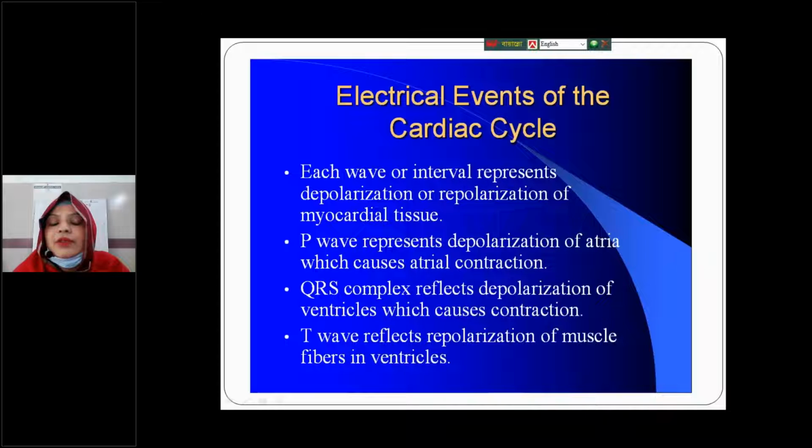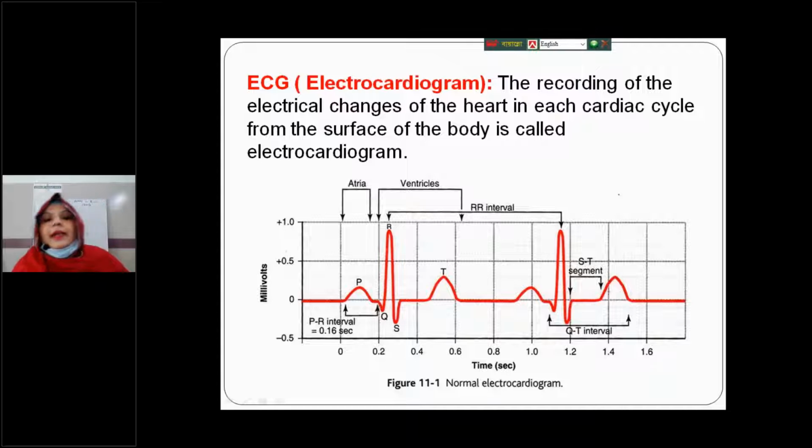There are three waves present in the ECG: P wave, QRS complex and T wave. See here, this is the figure of the ECG from your textbook. First, you have to know what is ECG, otherwise you will not understand the electrical event.